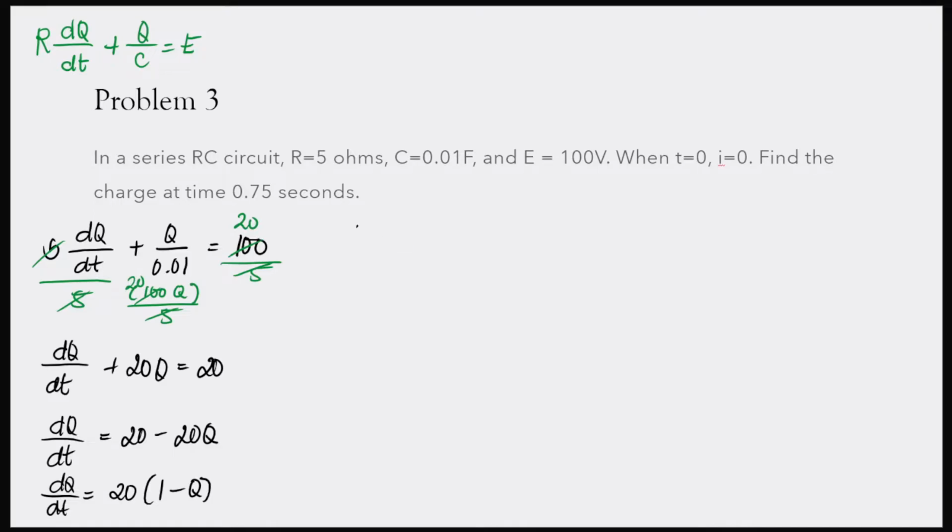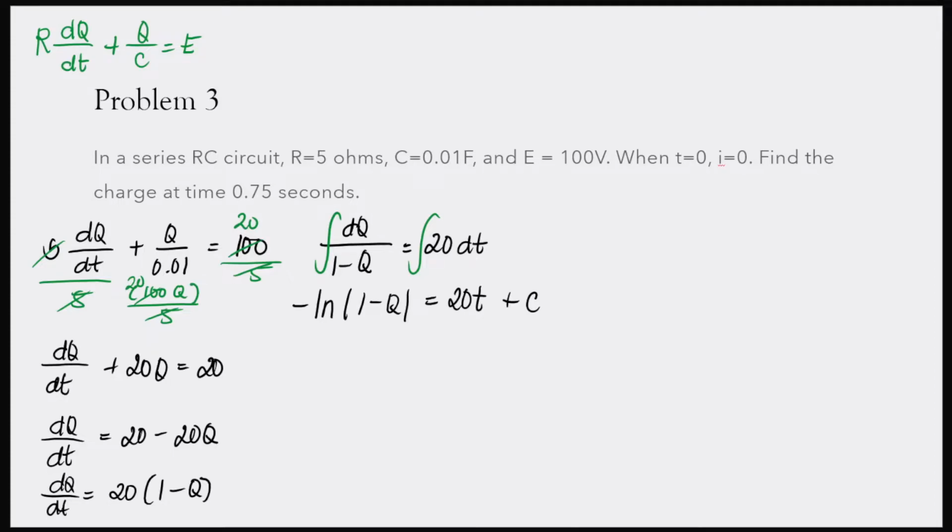So, we have dq over 1 minus q equivalent to 20 dt. Then, integrate. We will have negative natural logarithm of 1 minus q equal to 20t plus c, of course.